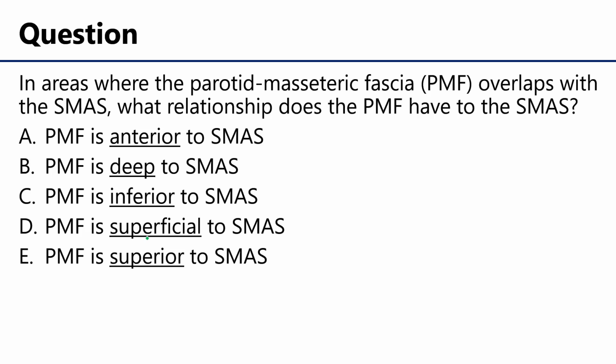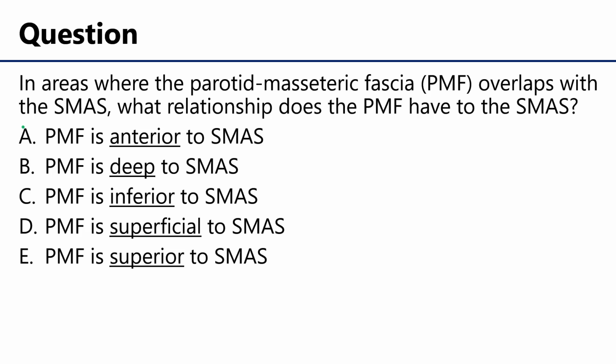So in areas where the parotid masseteric fascia, the PMF for short, sometimes we also hear this as parotidiomasseteric fascia, but in the areas where the PMF overlaps with the SMAS, what relationship does the PMF have to the SMAS? Is it anterior to the SMAS?